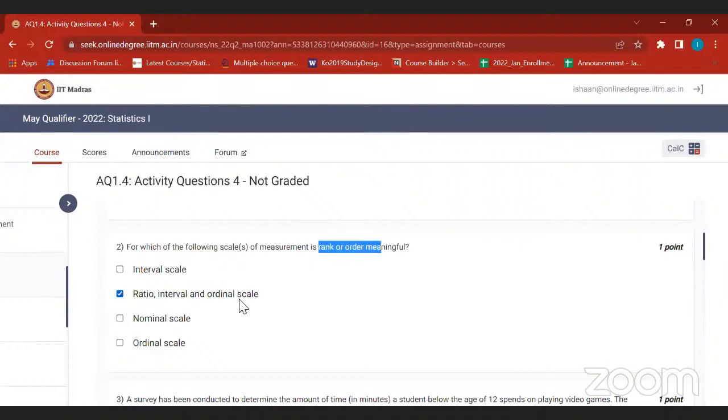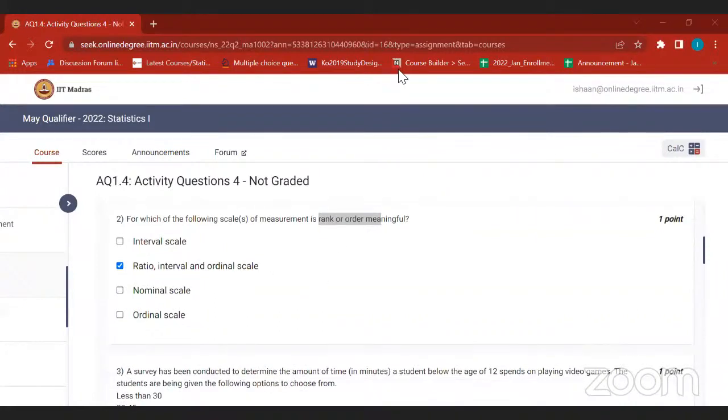In ordinal scale also order should matter. In interval also you can order or rank them. In ratio also you can order them. If height is a ratio, you can say that someone with height 180 centimeters is greater than someone with height 170 centimeters. You can rank or order. Thank you, sir.